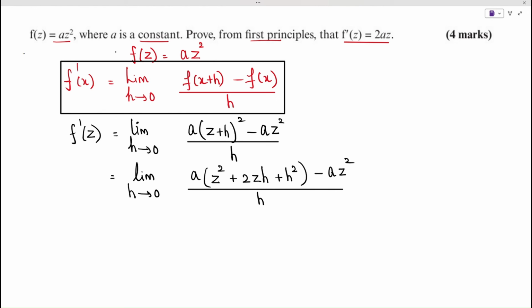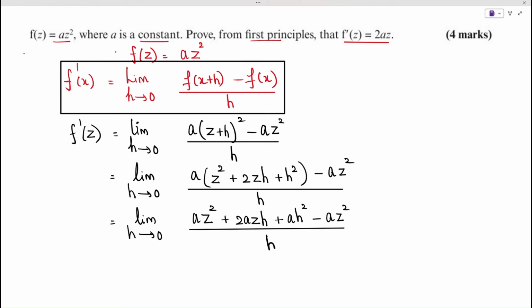And now we can multiply our a into the brackets. So this equals lim as h tends to 0, az squared plus 2azh plus ah squared minus az squared all over h.